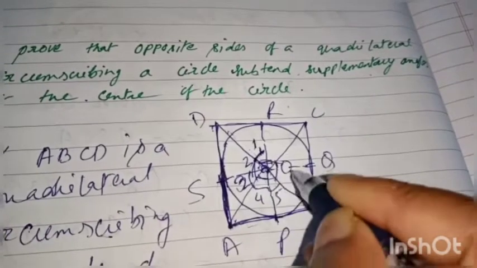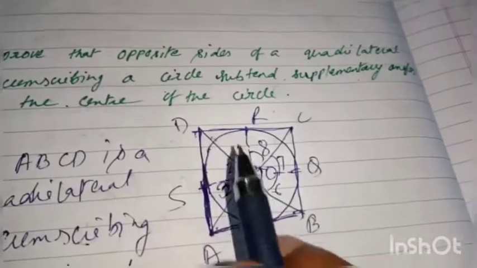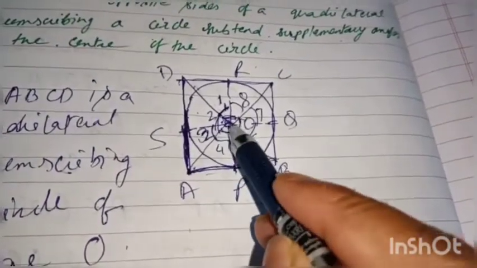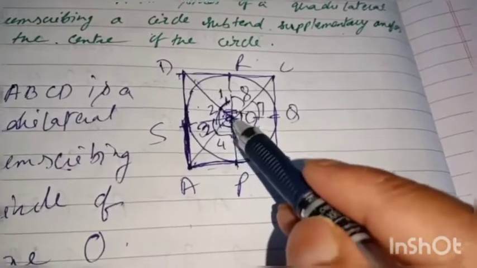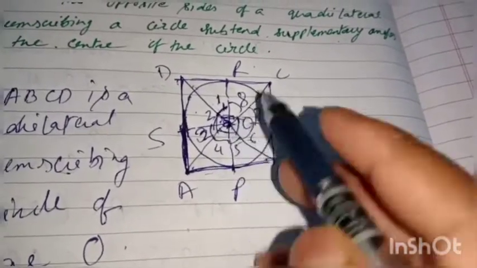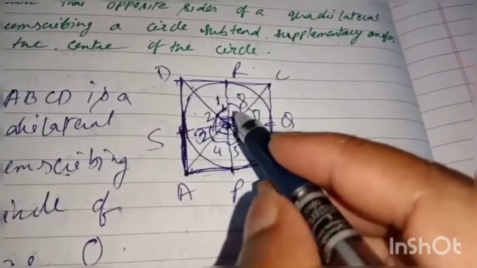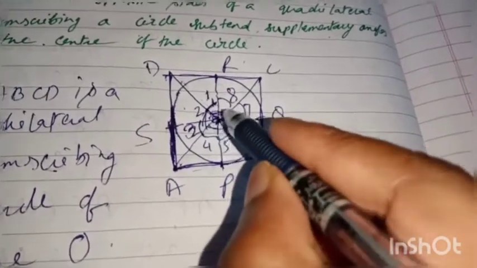This is 5. This is 6. This is 7. And this is 8. So already you know that I have done like that. If this is a center, please draw the figure clearly. I am not using a pencil, that is why it becomes like that. I hope all of you understood. In case of any doubt, please contact me on my WhatsApp.